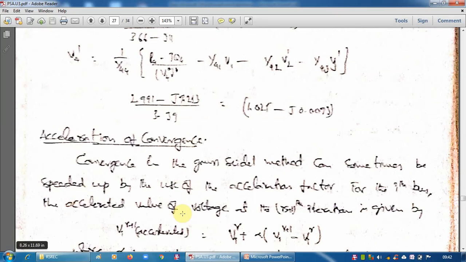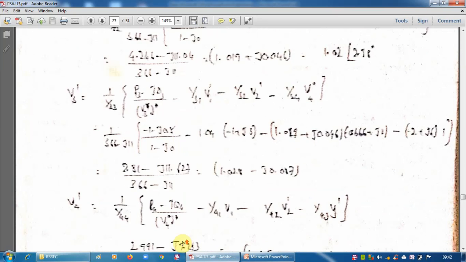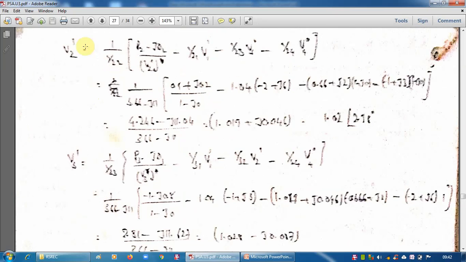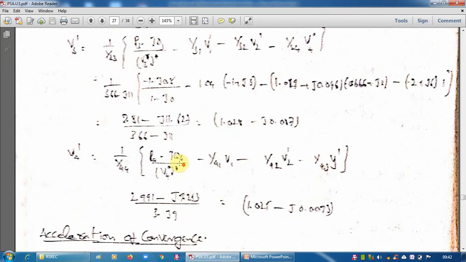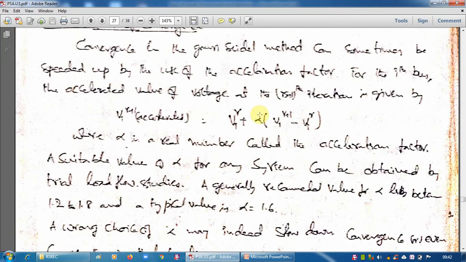We also considered acceleration of convergence, that is nothing but a technique to speed up the process of iterations, that means process of convergence. Here we modify this value before substituting in the V3 equation, by using a factor called acceleration factor like this.